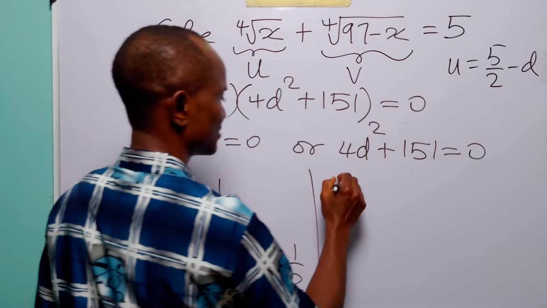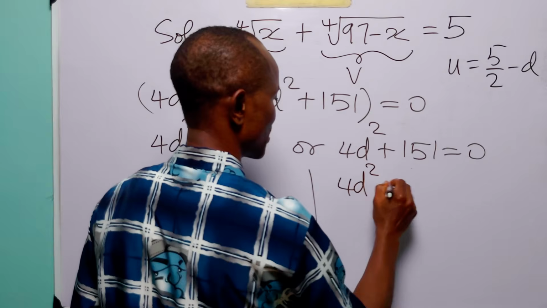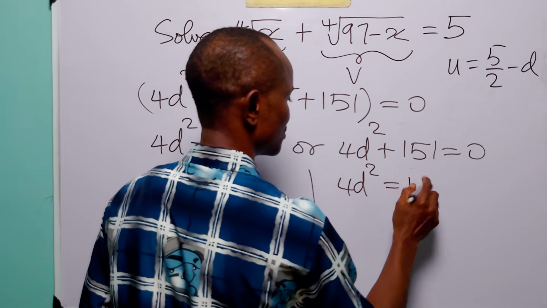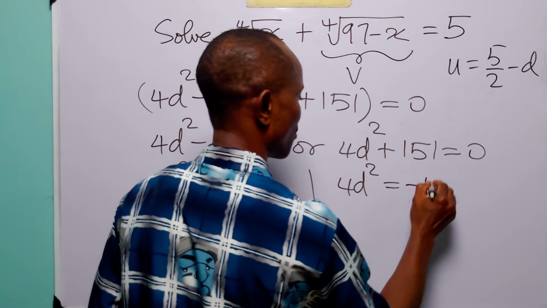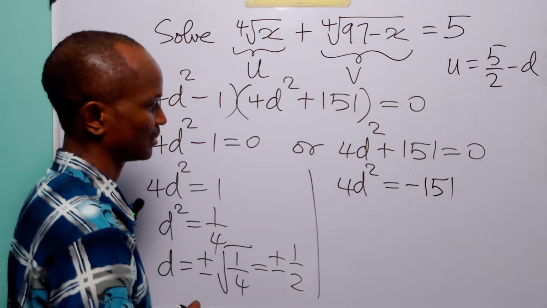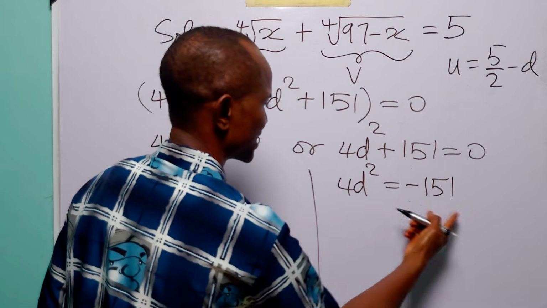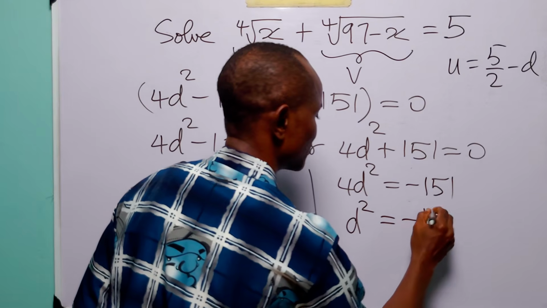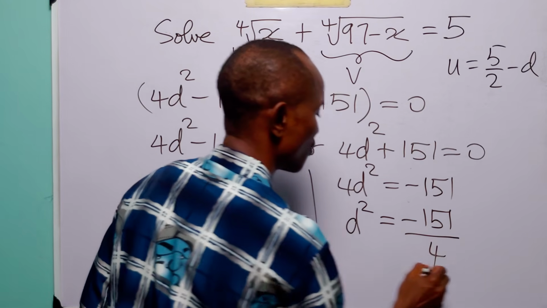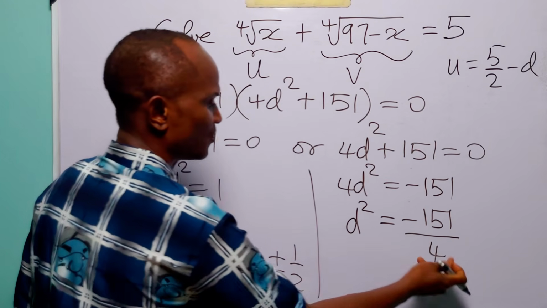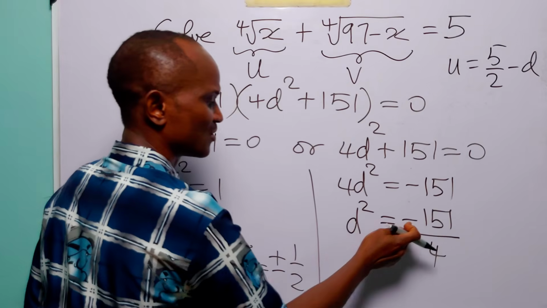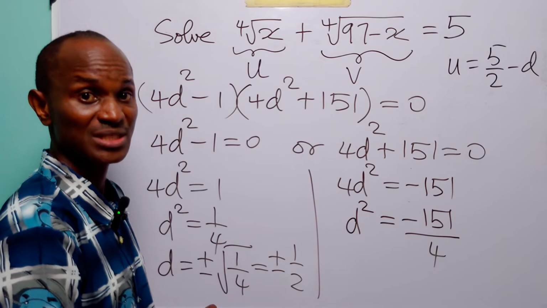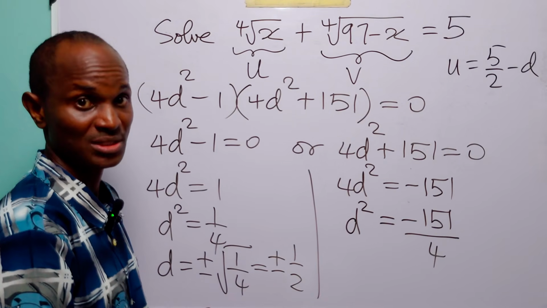Or in this case, we have that 4d squared is equal to minus 151. Dividing both sides by 4, we have that d squared is equal to minus 151 over 4. When we take the square root of both sides of this equation, since this is negative, you see that we only have complex roots.